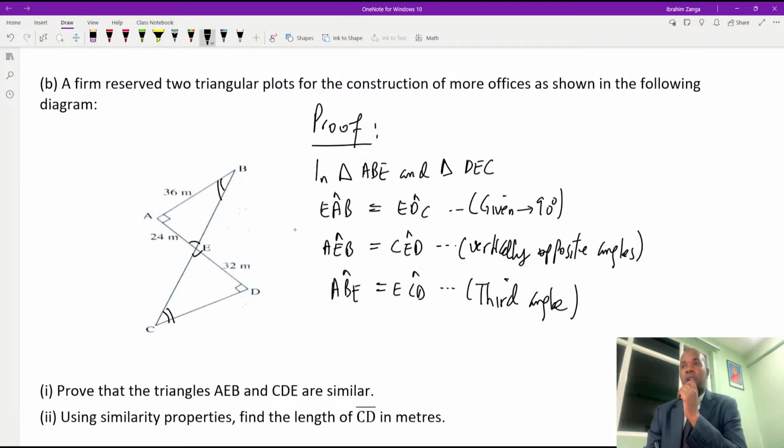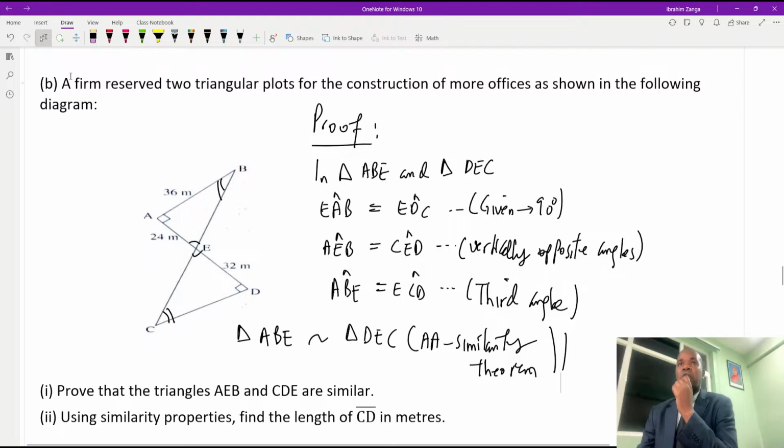So having three corresponding angles, we can conclude that triangle ABE is similar to triangle DEC by angle similarity theorem.